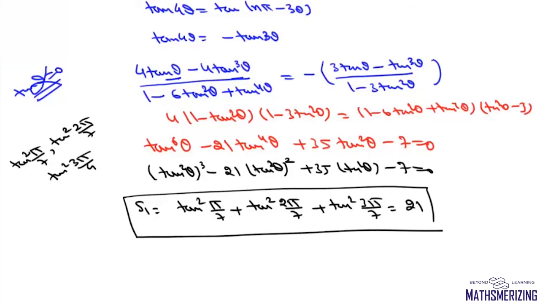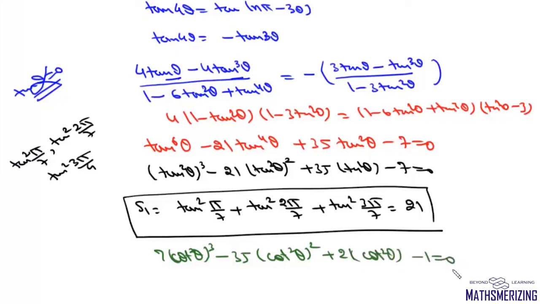Now what we can also do in this question is we can change this equation in terms of cot theta. If we divide it by tan to the power 6 theta, then this equation will reverse. So we can write this as 7 cot square theta cube minus 35 cot square theta square plus 21 cot square theta minus 1 equals to 0.